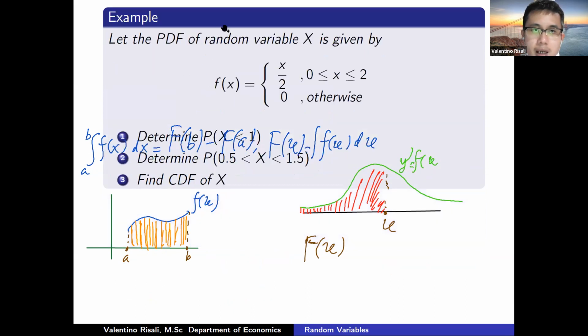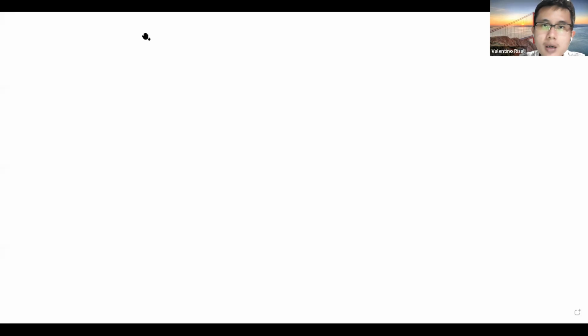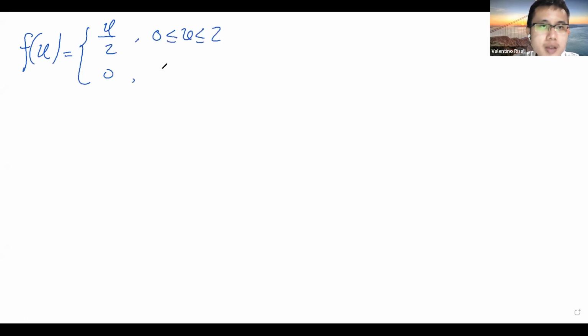Okay, let me show the example about the PDF and how to find the CDF of this function. Okay, again, we move to the whiteboard. x over 2, and 0 for the otherwise case.